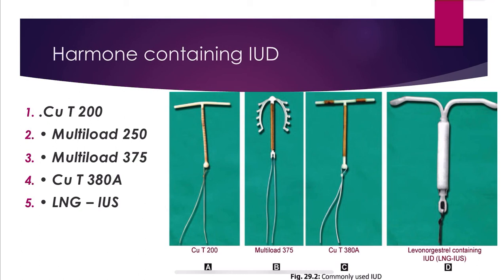So you see two Copper T, 200 and 380, but number-wise they have given Copper T 200, Multiload 250, Multiload 375, Copper T 380A, LNG-IUS, levonorgestrel intrauterine device.